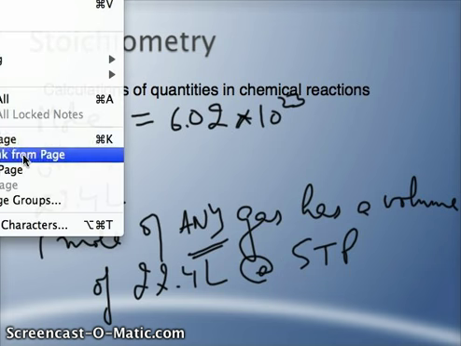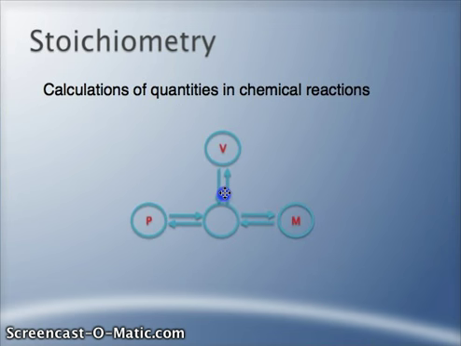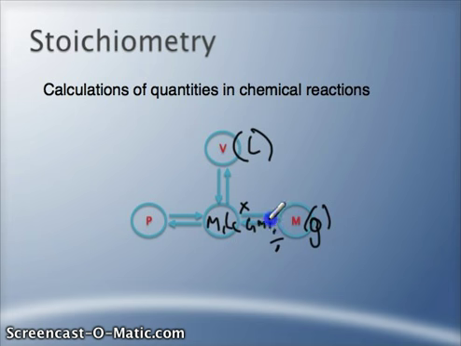So now we're going to remind ourselves again about mole central station. Here's our simple mole central station where you have mass in grams, volume in liters, and number of particles, which are atoms or molecules, etc. This is your mole in the middle. If you're going between moles and grams, you're going to either multiply or divide by GMM.